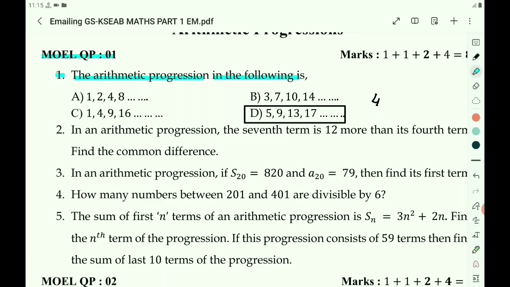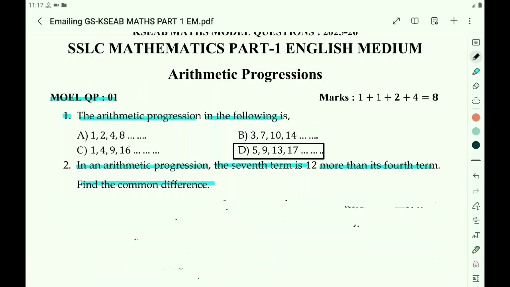Then next take second question. In an arithmetic progression, the 7th term is 12 more than its 4th term. Find the common difference. Given that 7th term is 12 more than its 4th term.